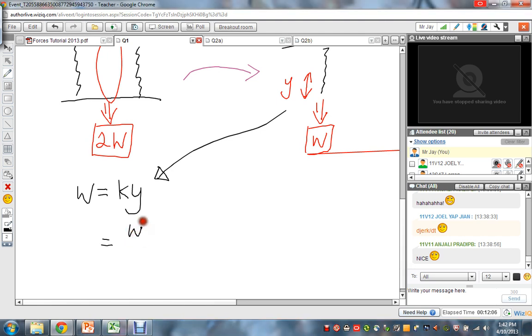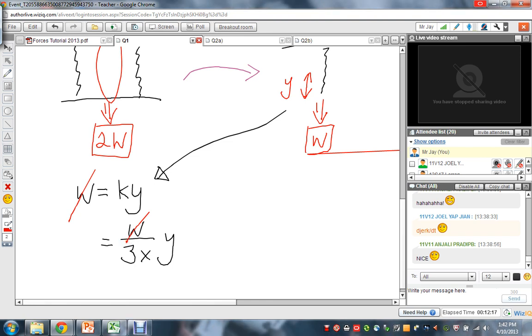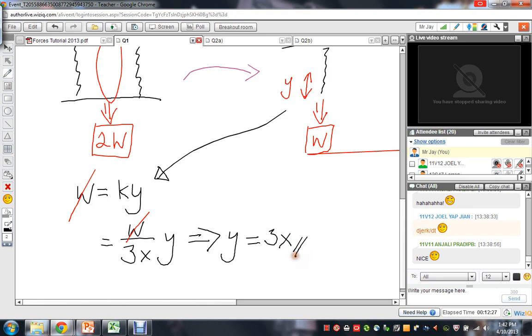So we substitute W over 3x for K. We notice that there is a W on both sides, so they cancel each other out. Then we can get Y in terms of x. Y equals 3x. And that's our solution for question 1. Any problems?